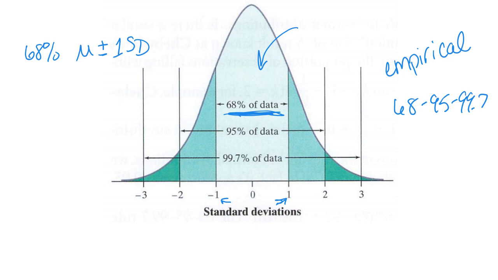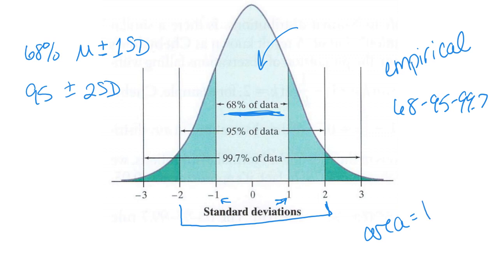95% of our data points, notice it's 68, 95, 99.7, 95% of our data points are going to be plus or minus 2 standard deviations. So they're going to fall in this chunk of our curve right here. So when we say 95% of our data points and 68% of our data points, remember the area under a density curve is always equal to 1 or 100%.